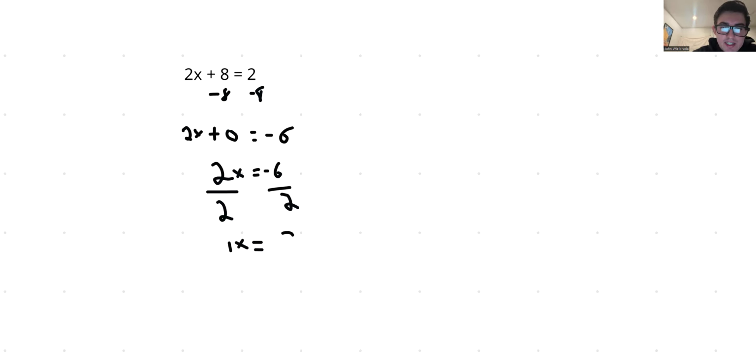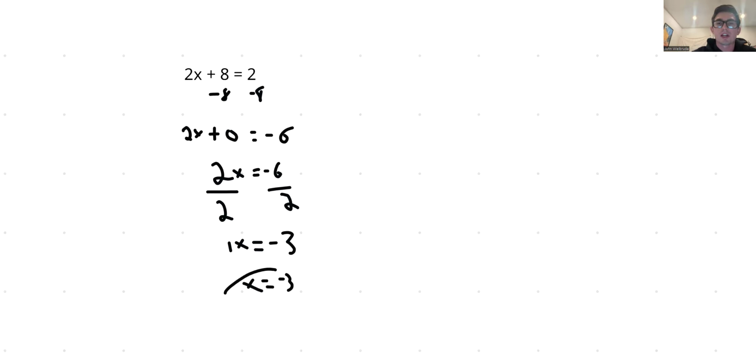So we write x equals -3. And make sure you circle your answer. Teachers always love that. So we assessed, we collected our terms to get right here, and then we eliminated the coefficient. The coefficient is just the thing attached to the variable. We eliminated that to get x by itself, to get the value for x.